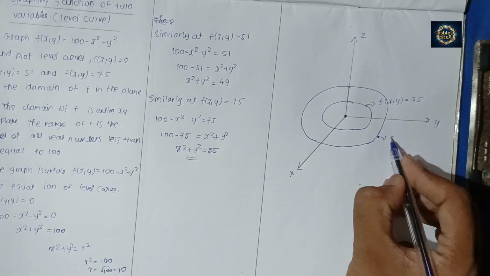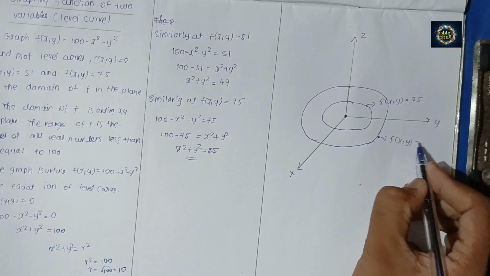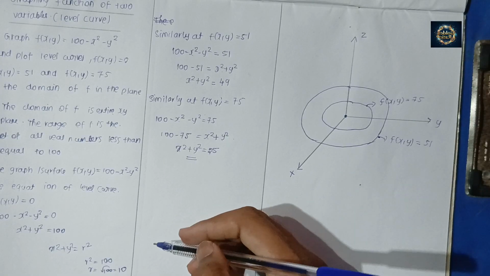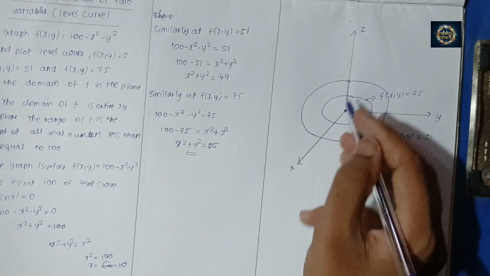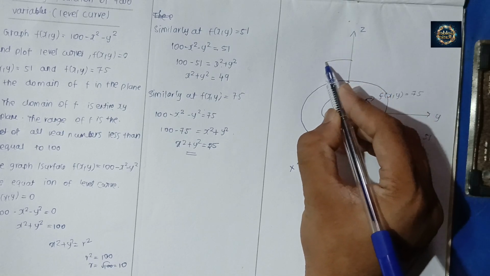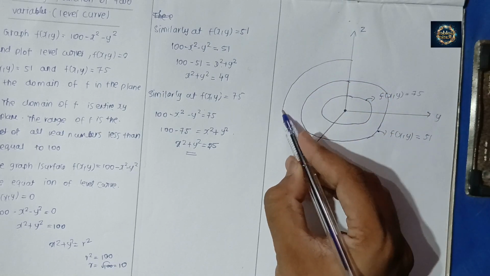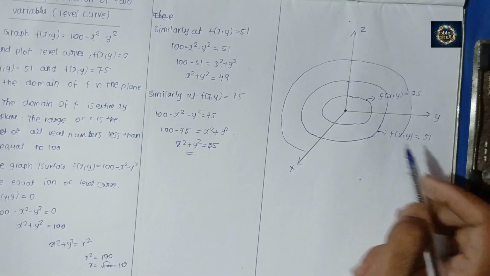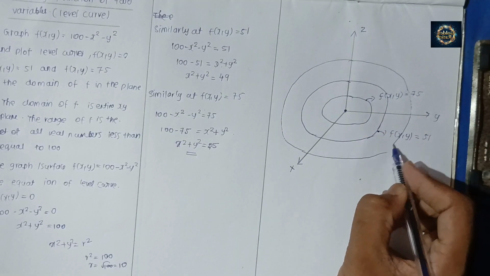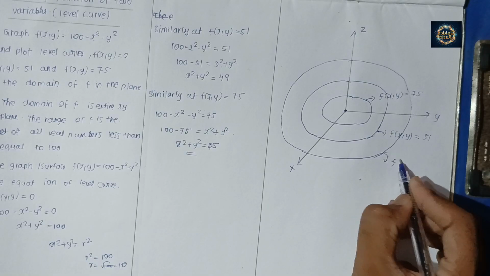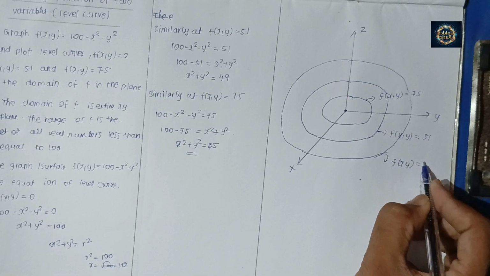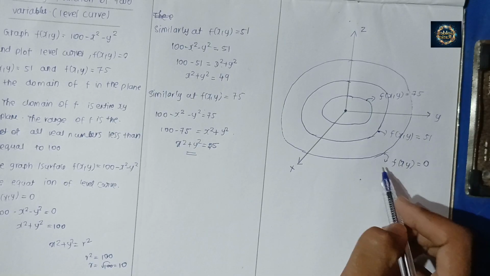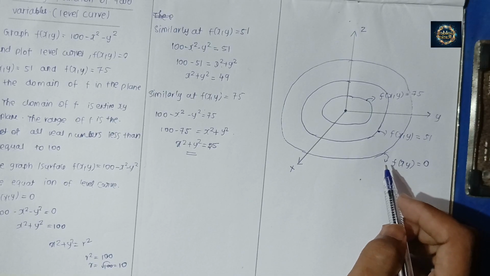That is f of x comma y equal to 51. The third one, with radius 10 units, will be slightly bigger, so I will plot it like this. A rough figure is enough. That is f of x comma y equal to 0. So these three are the plots of the level curves.